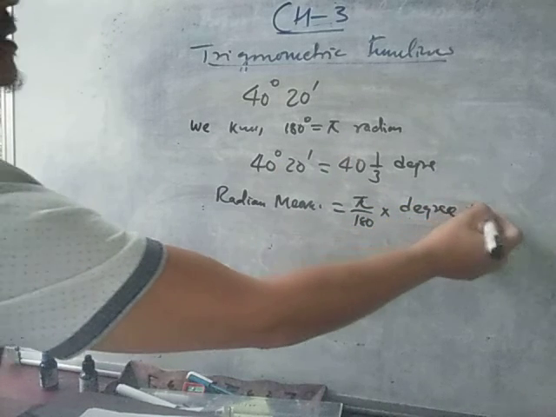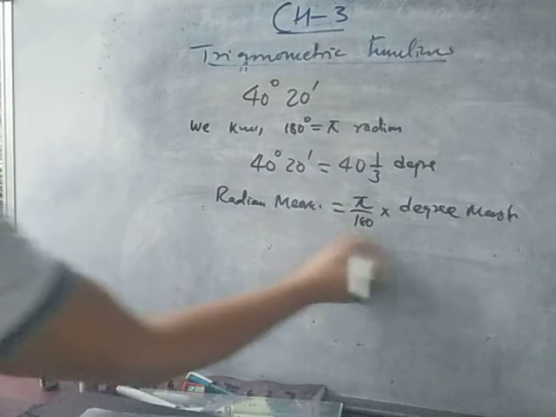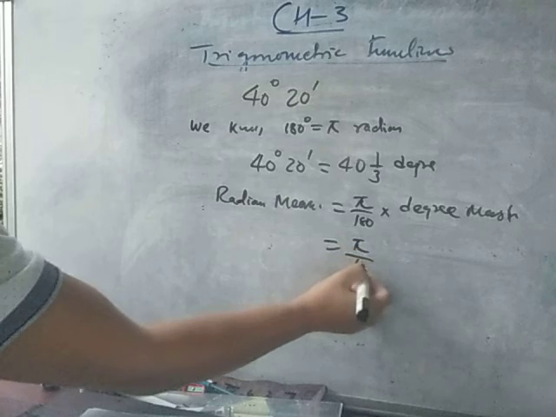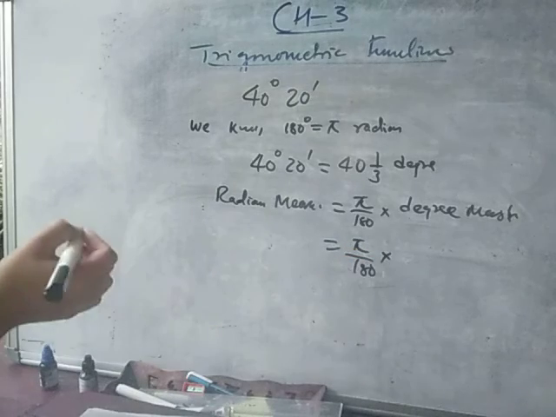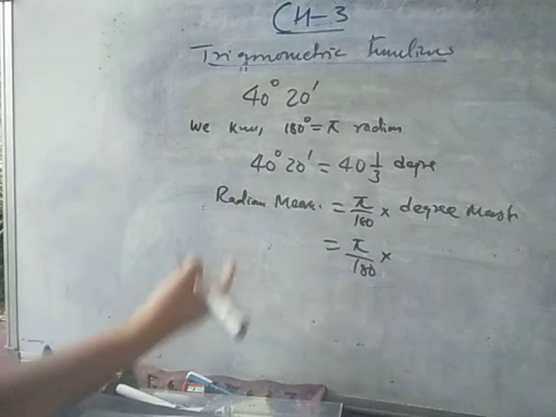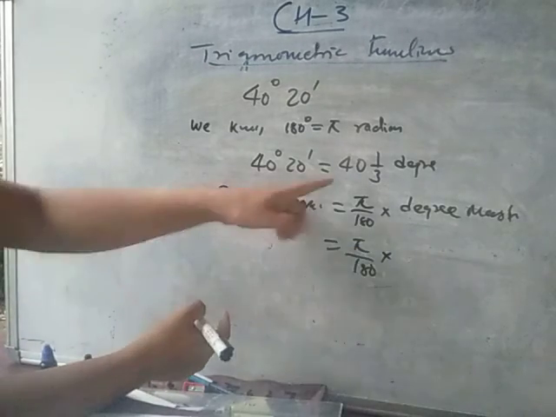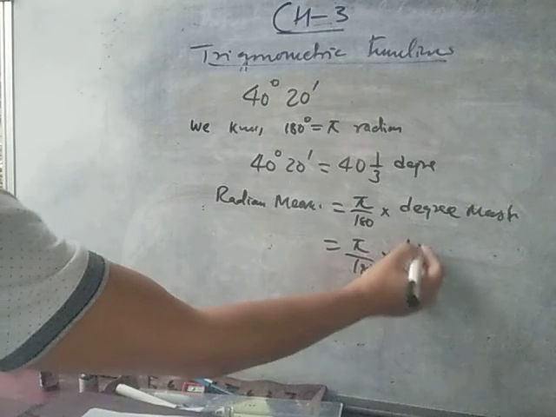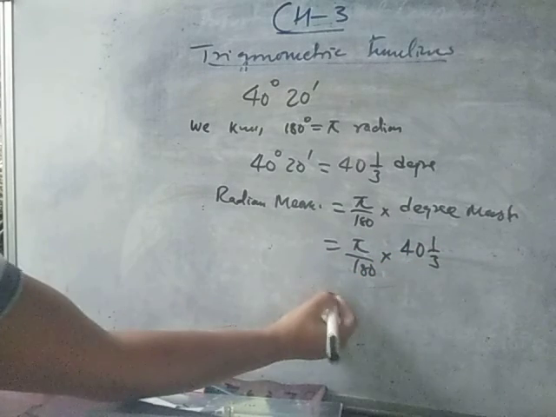Degree measure. So this is your pi by 180 into this, how much will you get? Write down 121 by 3.